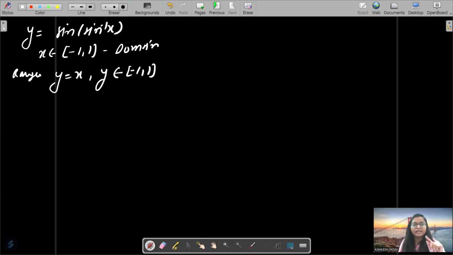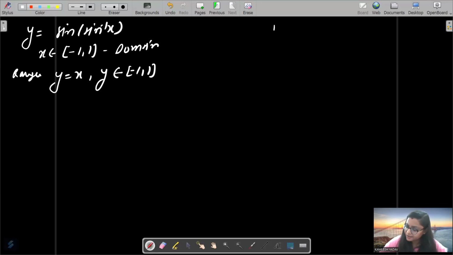And what about the range? See, for this function here y is equal to x, because sine of sine inverse x. So y is equal to x. And here, if x is -1 to +1, that's why y belongs to -1 to +1. So hence we should sketch y is equal to sine of sine inverse x only when x belongs to -1 to +1, along with y is equal to x.